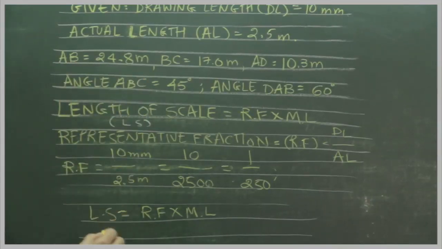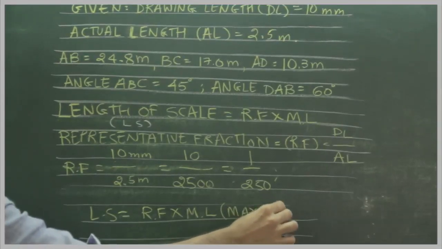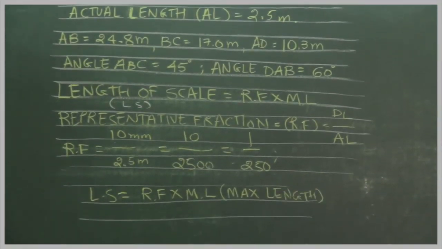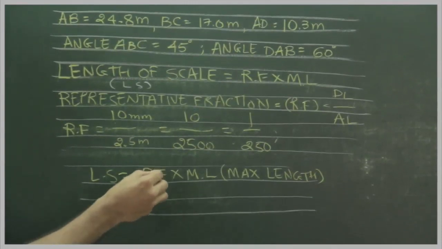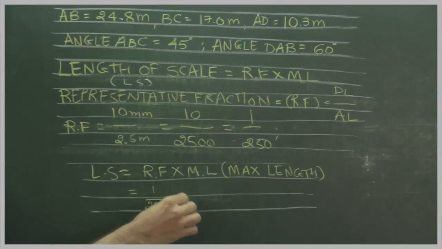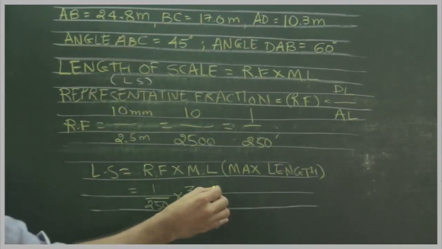So ML equals the maximum length. We'll put this in. We know RF is 1 upon 250. Maximum length we will take as 30 meter.